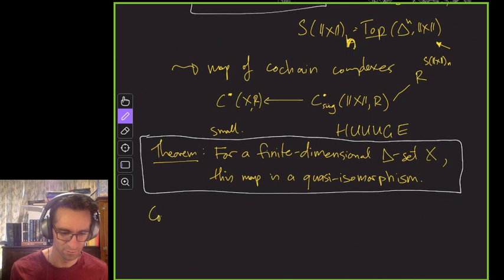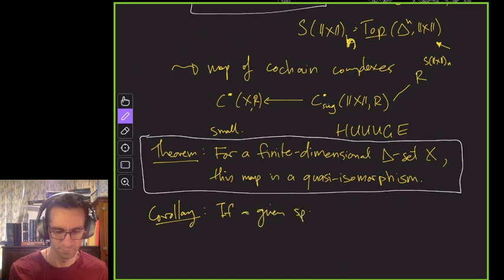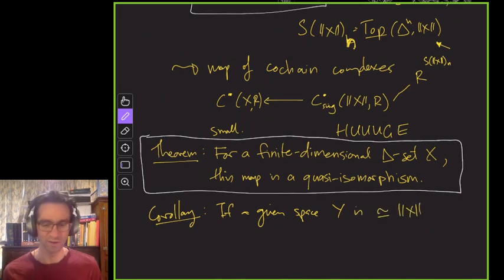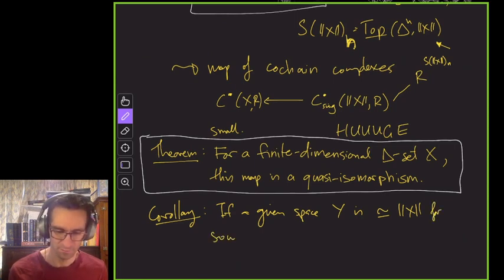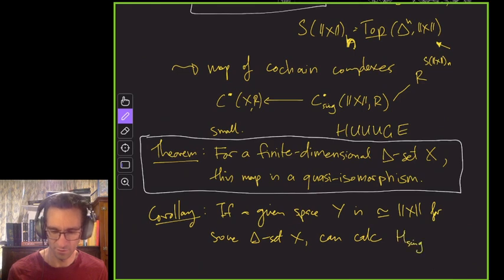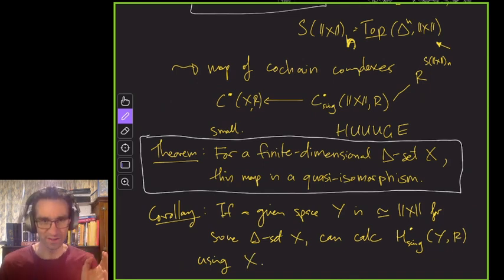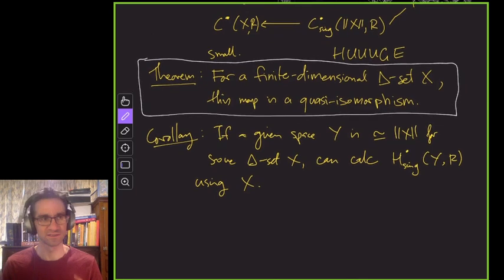So say Y is homeomorphic to the geometric realization of X for some delta set X. We can calculate the cohomology of Y. And even better, maybe X is a finite delta set, in which case it's finite dimensional linear algebra. If R is a field, it's really linear algebra. If R is Z, then maybe it's like groups and so forth, but it's not so bad.